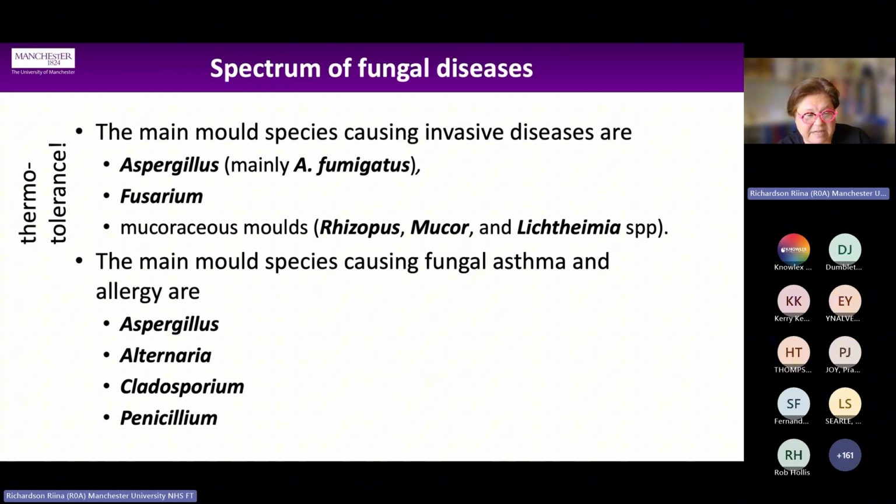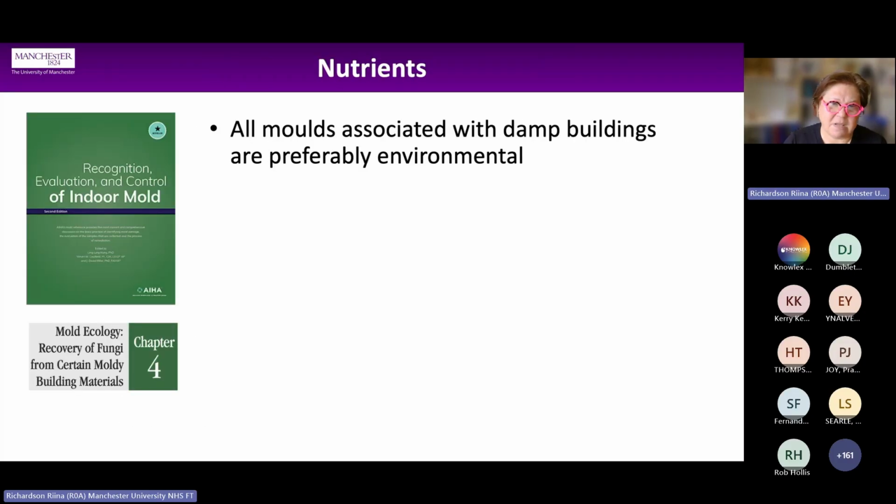They like a 20-25 degree environment, but when we inhale them, we get the spores into our lungs and airways, and they can't do anything. They die away. And in that way, the thermotolerance of Aspergillus and Fusarium and some of these voracious molds makes them the more pathogenic in that sense.